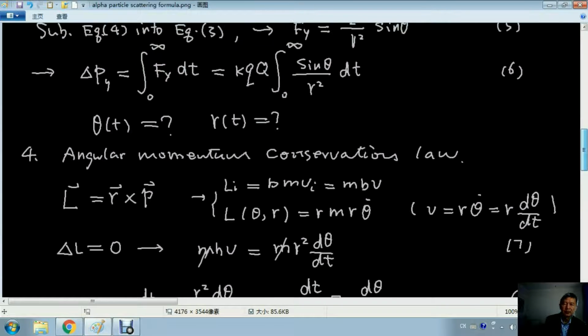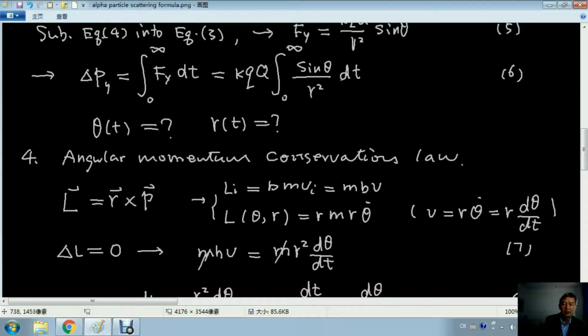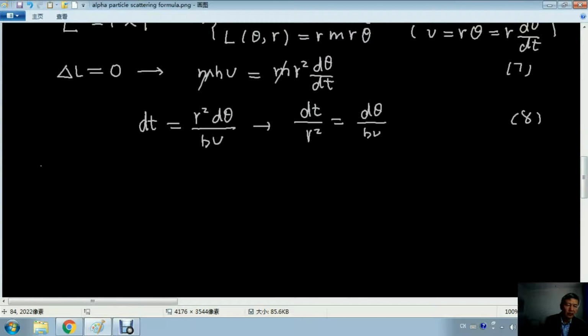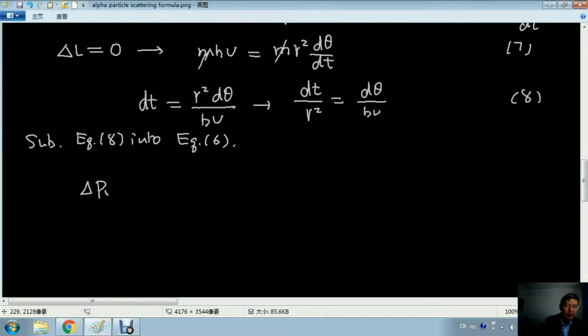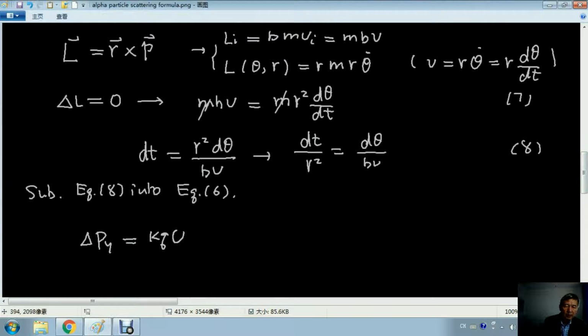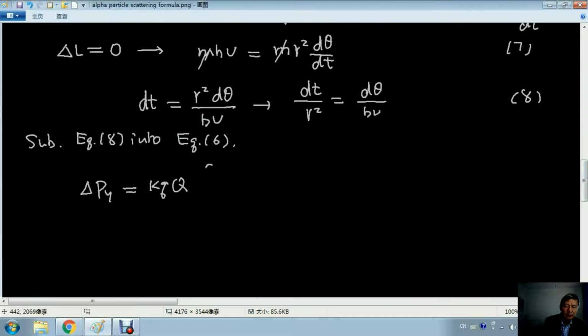Can you see we have the dt over r squared in equation 6? So if we substitute equation 8 into equation 6, delta py will equal k q capital Q, and we get the sine theta here and d theta. Anything else?